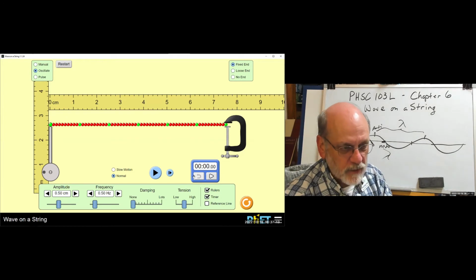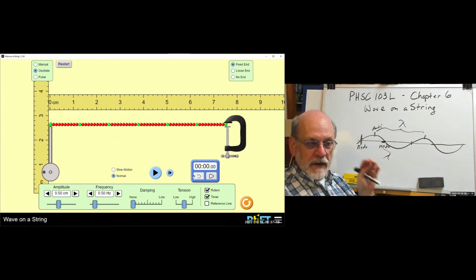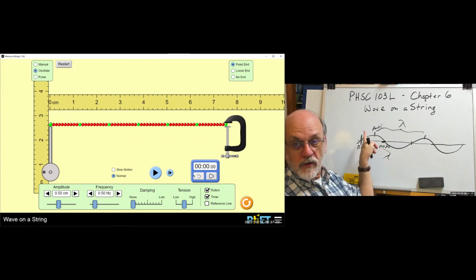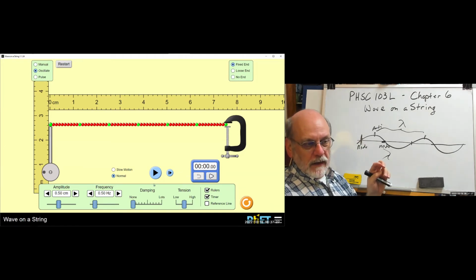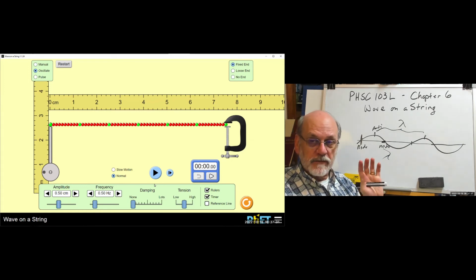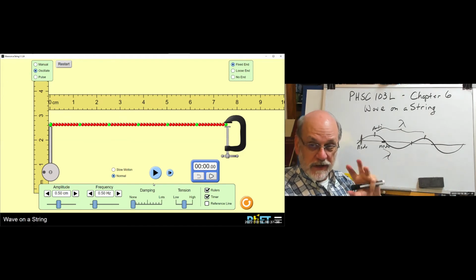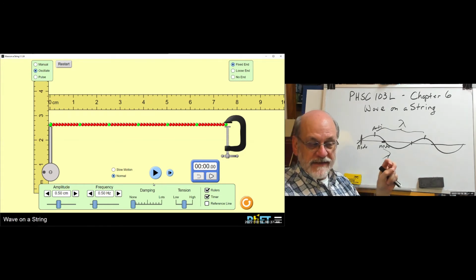So if you look at your table, you see the fundamental, you look over to the right, number of nodes, 1, 2. Number of antinodes, 1. For the string, right? This varies from, if we were talking about compression waves in a wind instrument, we'd be talking a little bit differently. But the fundamental has a wavelength of 15 centimeters.